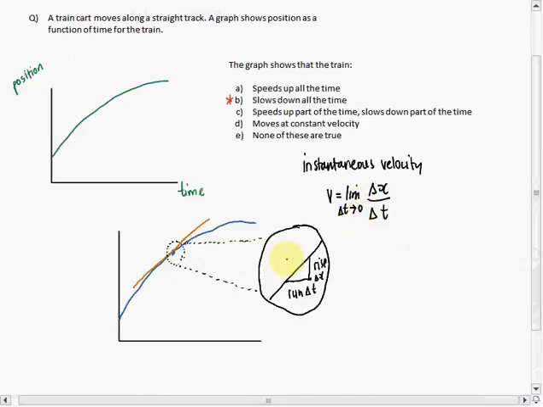It tends to approach 0. Remember, delta t is this section here. So as it becomes smaller and smaller, to find out what the velocity was at this point in time, this delta t approaches 0, but never quite gets to 0.